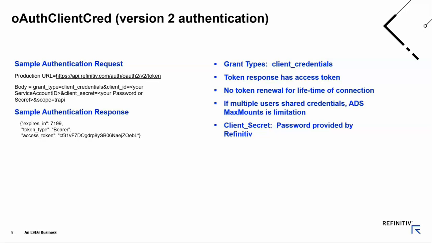It's worth noting that a single service ID will be able to make multiple connections. So in the example of a client using RTDS to connect to real-time optimized across a pair of ADHs, we would expect a single service ID to be used there.